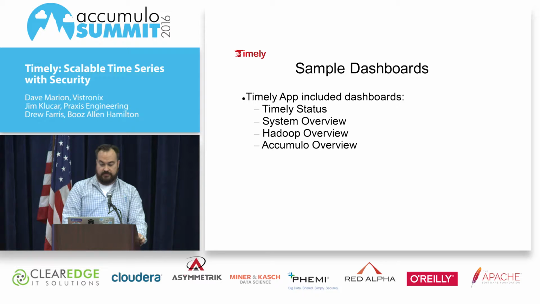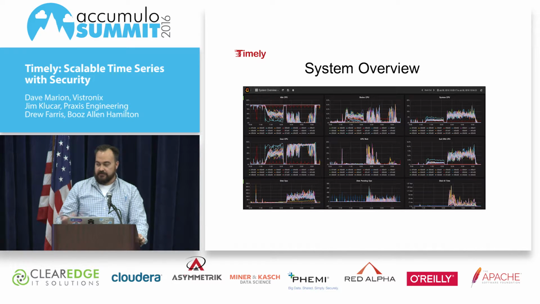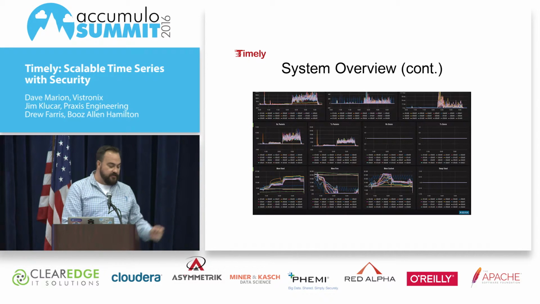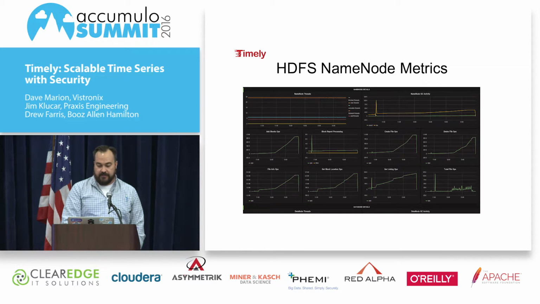Oh, wait, actually, I forgot this part. There's a lot of charts in here that I just went through, but included with the plugin in Grafana, we built a bunch of dashboards that are pretty generic. So if you did the Hadoop Metrics2 stuff that Dave was talking about, if you install that, we created dashboards for this. This is just some generic stuff you would get if you used collectd. This is based on a test we ran on Amazon.